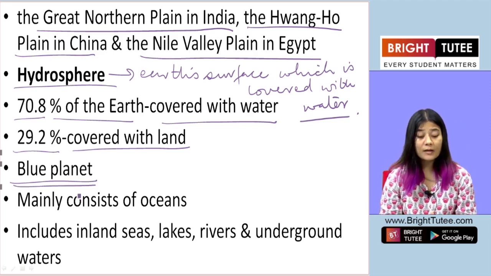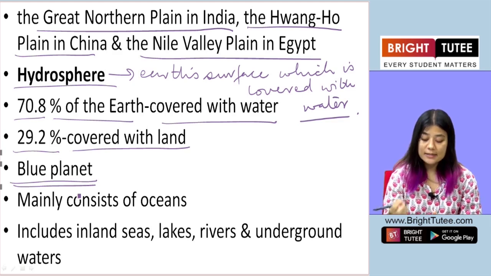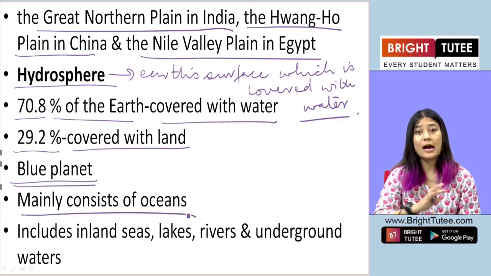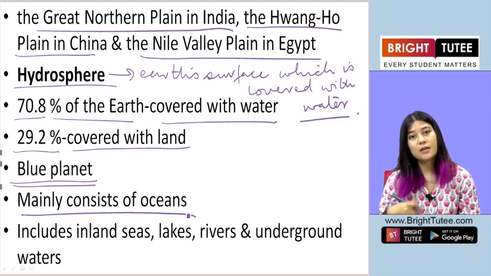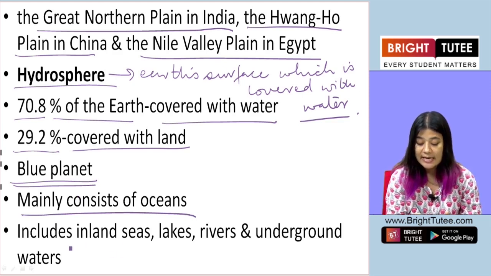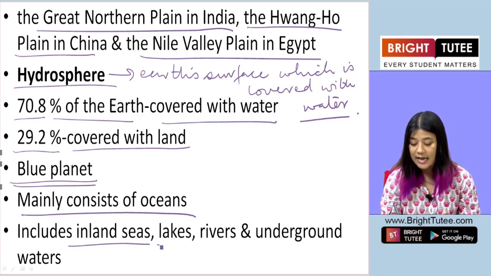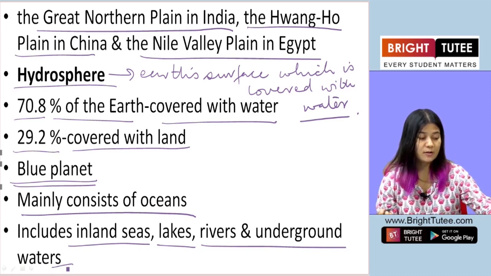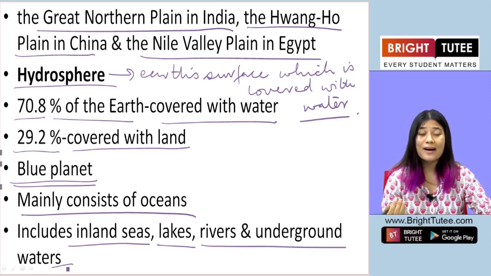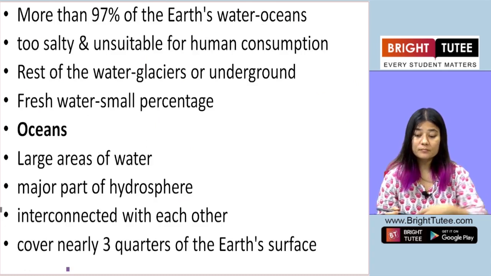Now hydrosphere mainly consists of oceans, large water bodies, but it also includes other water bodies such as inland seas, lakes, rivers and underground water as well. They all form part of hydrosphere.